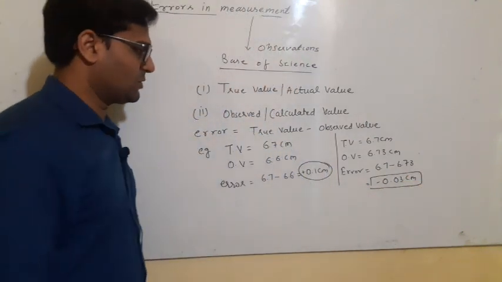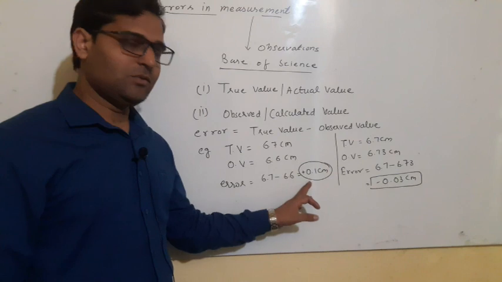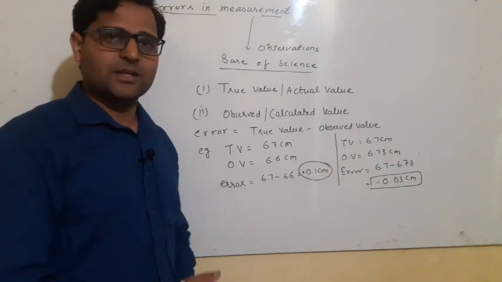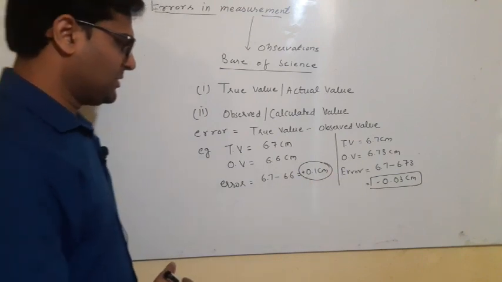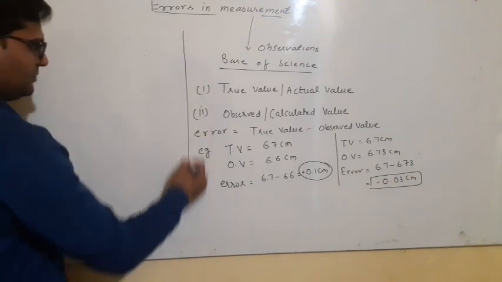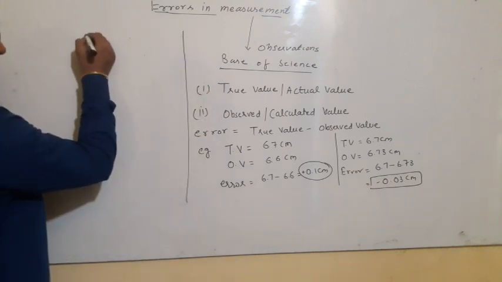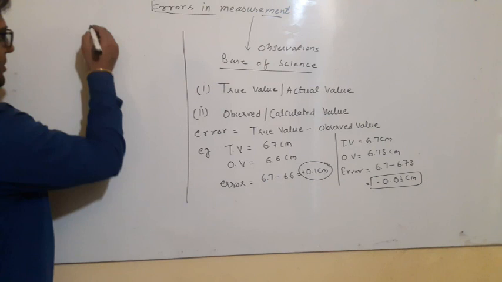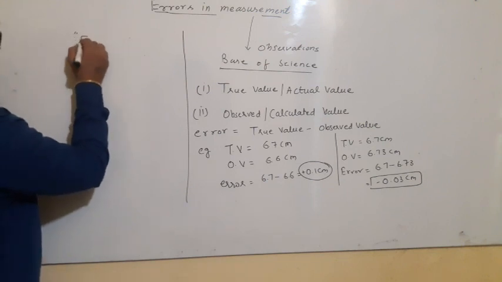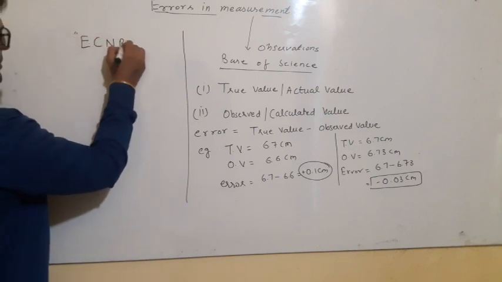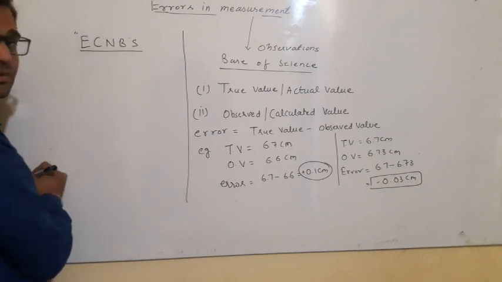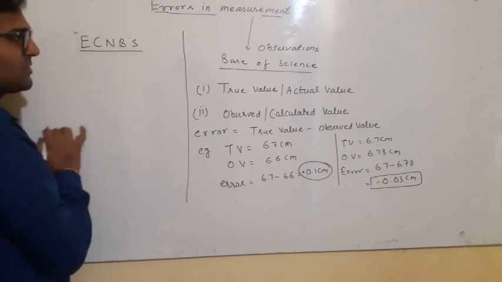So we have two types of errors mathematically. One is positive error and second is negative error. But we can minimize the errors. There is one term: error can never be subtracted.